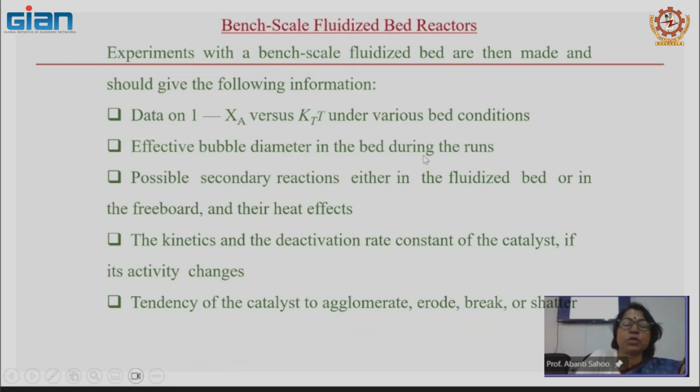With varying conditions you can see how much is consumed and how much remains unconsumed. From this we can get the plot, and we can also calculate the effective bubble diameter.